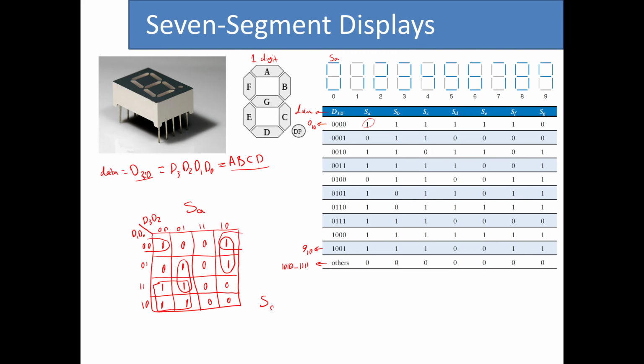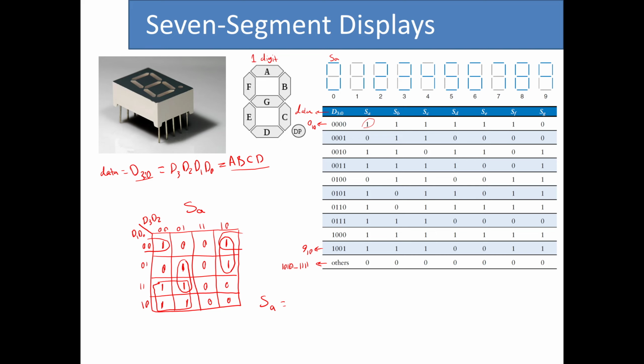So if I want to write the function for SA, as you can see, none of the ones are left, right? So that makes the circling proper. So I start with the circle with the largest number of cells, so this one.